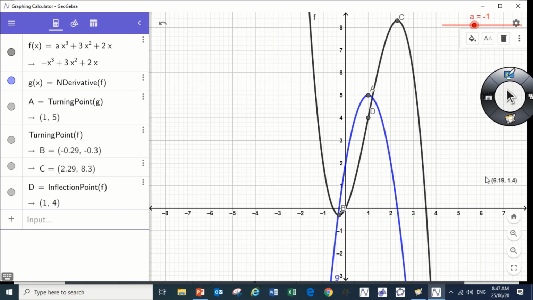But now a is negative, we now have the maximum turning point for the quadratic. So the quadratic is an increasing function when the cubic graph is concave up, which is also true when a was positive. So when the first derivative is an increasing function, the cubic graph must be concave what? Up. And when the first derivative is a decreasing function, the cubic graph must be concave down.